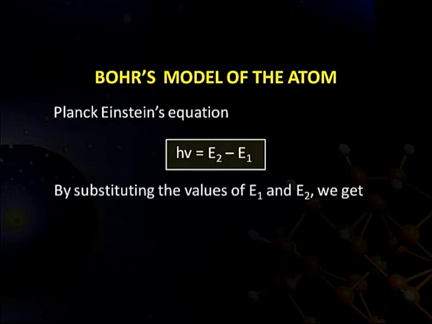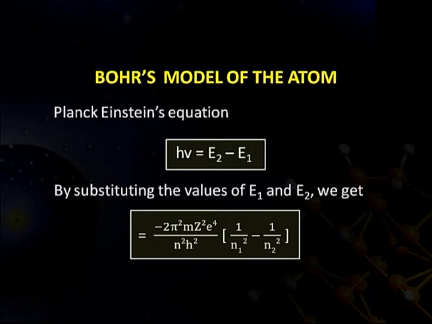By substituting the values of E1 and E2, we get minus 2 pi square m Z square e to the power 4 upon n square h square into 1 upon n1 square minus 1 upon n2 square.